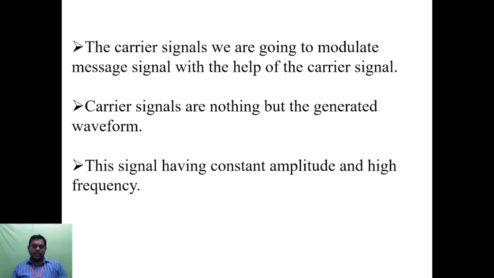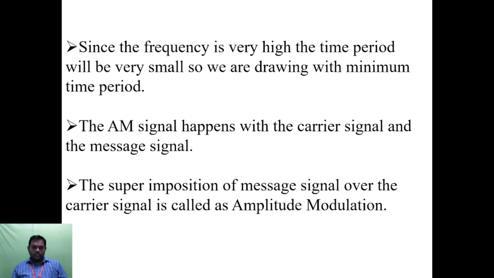Next, the carrier signal. We are going to modulate the message signal with the help of the carrier signal. Carrier signals are generated waveforms with high frequency and constant amplitude. Since the frequency is very high, the time period will be very small, so we draw it with a minimum time period.